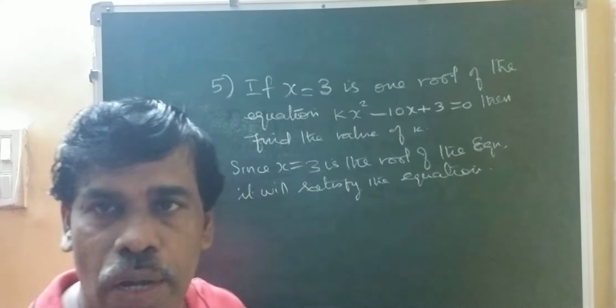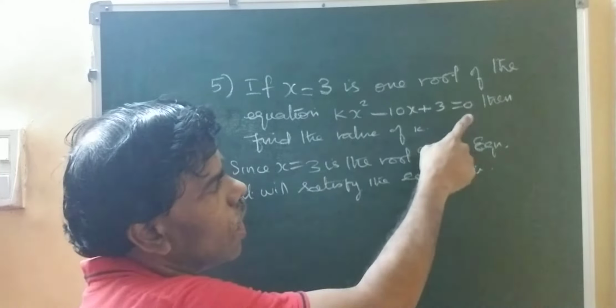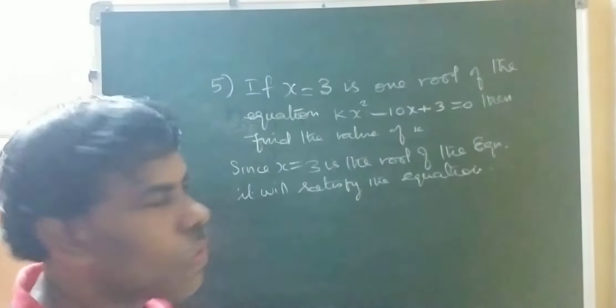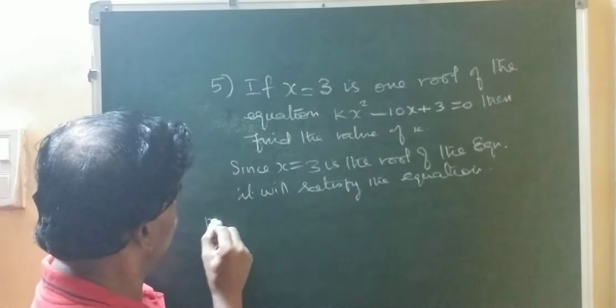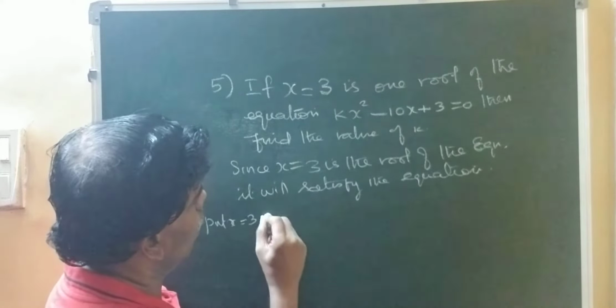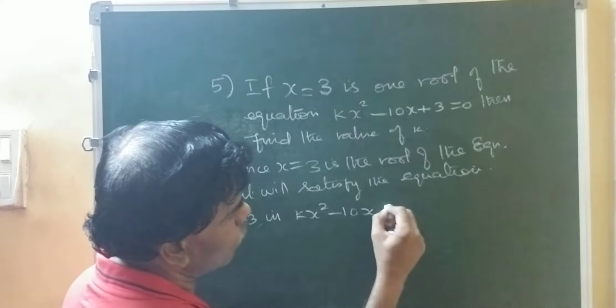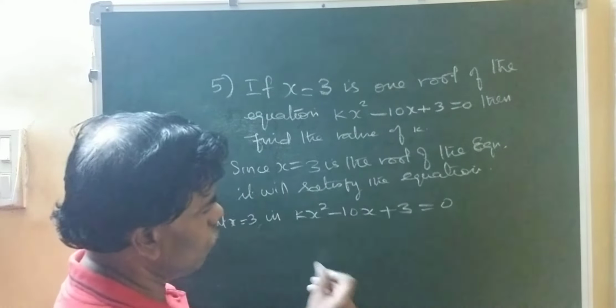Satisfying means when you substitute the value of x equal to 3 in this equation, it will become equal to 0. That is, put x equal to 3 in kx square minus 10x plus 3 equal to 0.